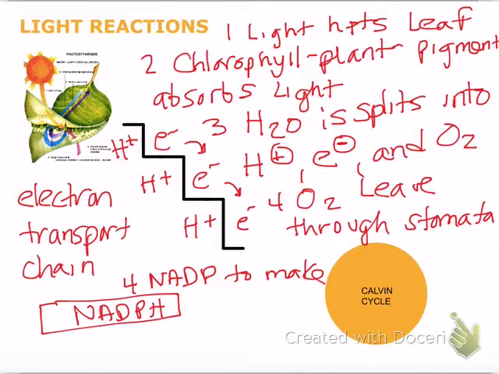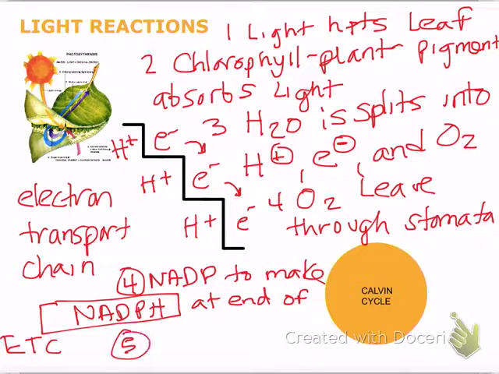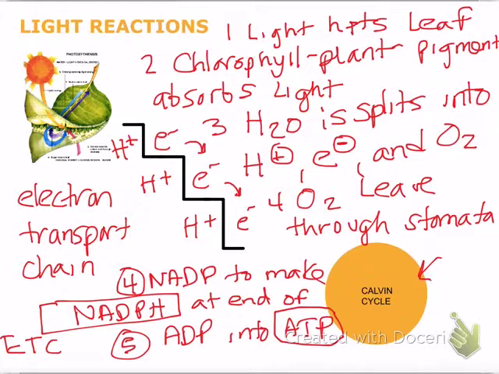So this is made at the end of the electron transport chain. Also, at the end of the electron transport chain, the energy from the electrons is used to turn ADP into ATP. Both of these molecules are going to be important because they're required in the Calvin cycle.